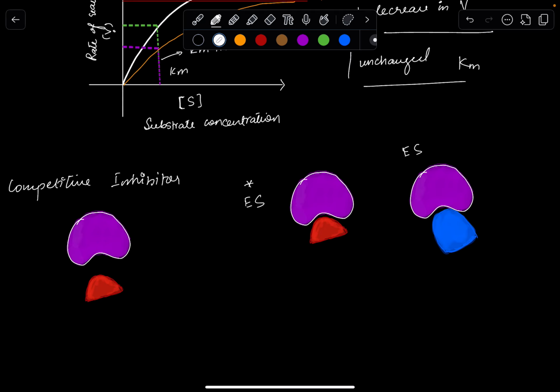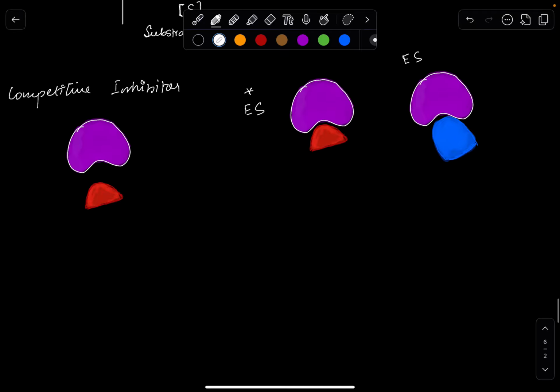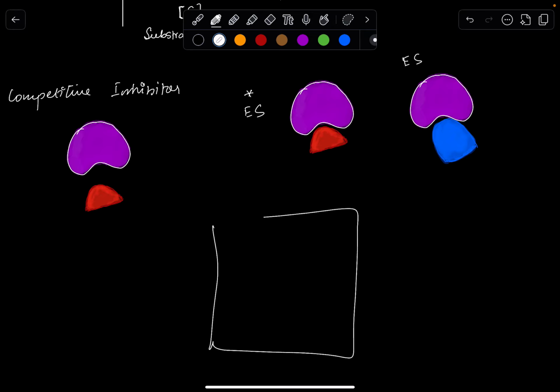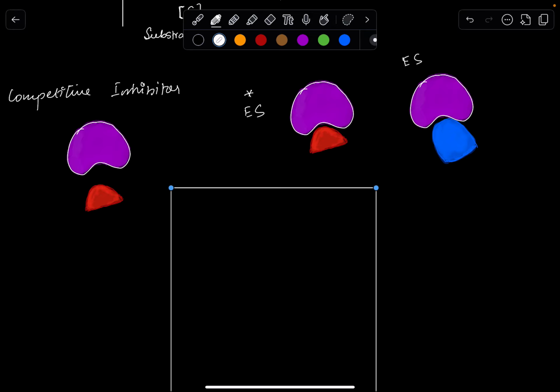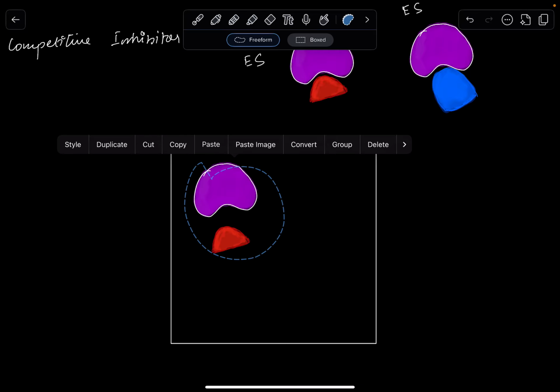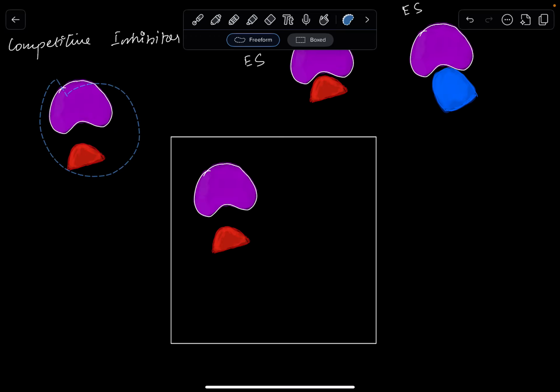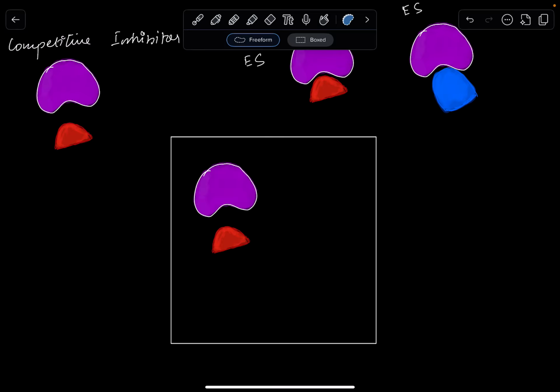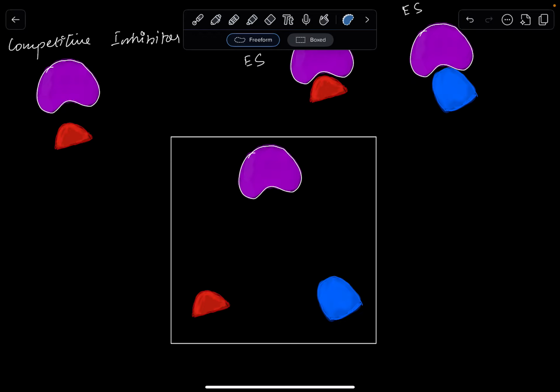So imagine this is our box, and we have this and this. So which of these is going to find this active site first? Which of these is going to bump into this active site first?